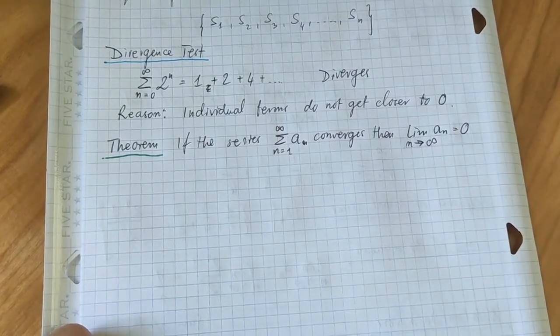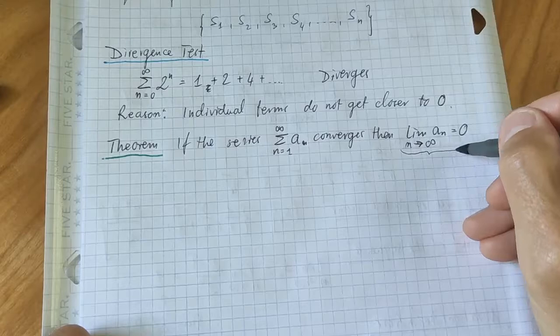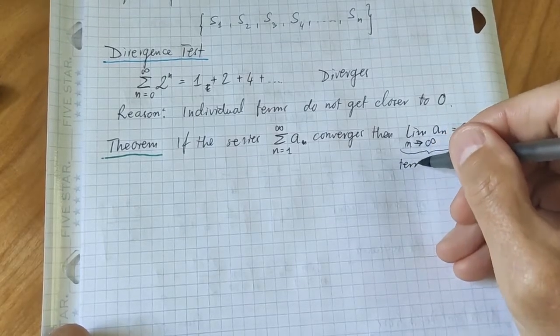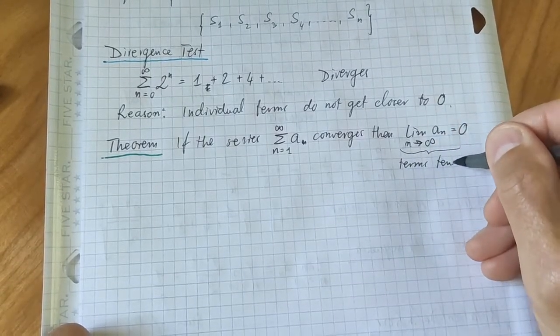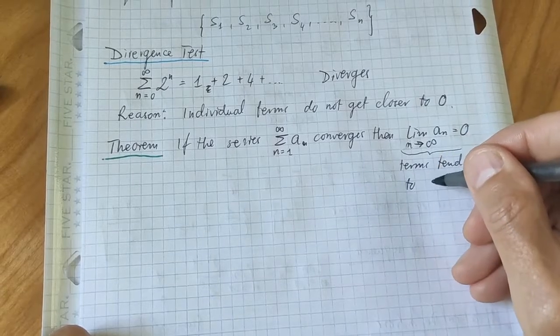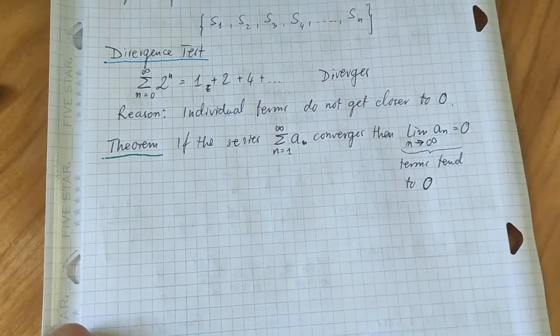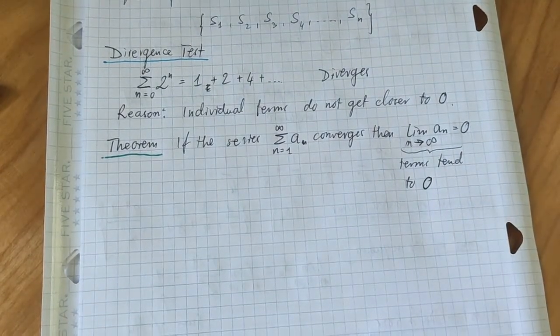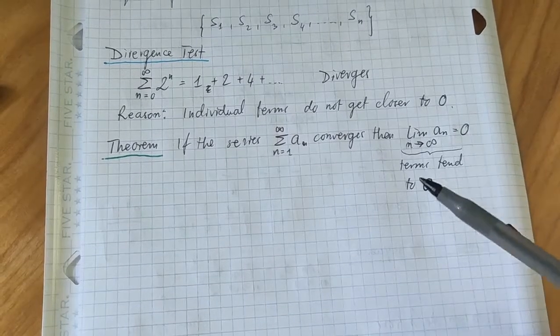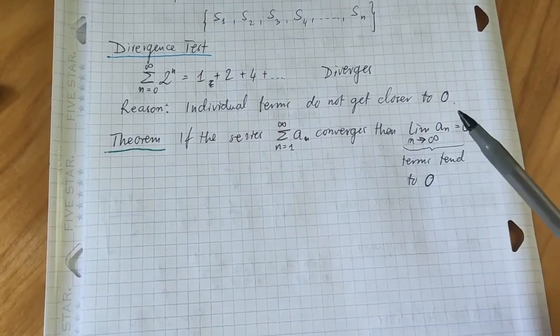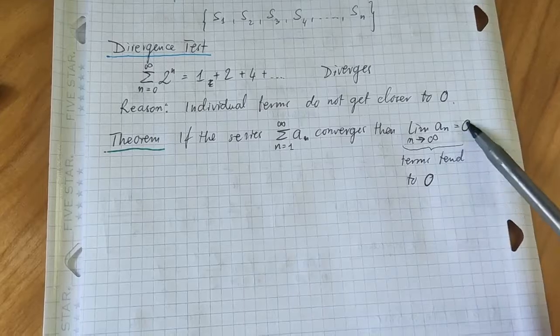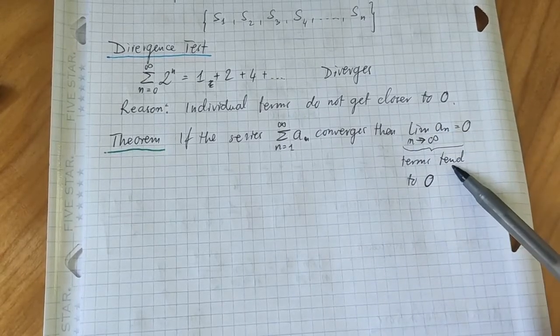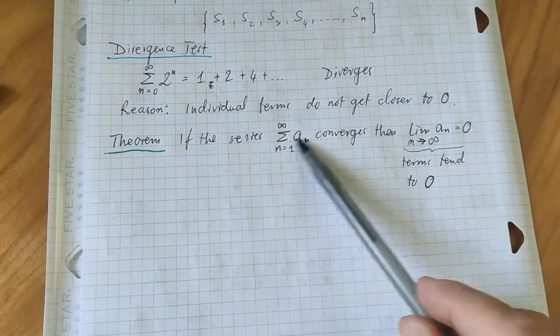This means the terms tend to 0. Just note that the converse is not necessarily true, meaning that if the terms tend to 0, it does not mean that the series converges.